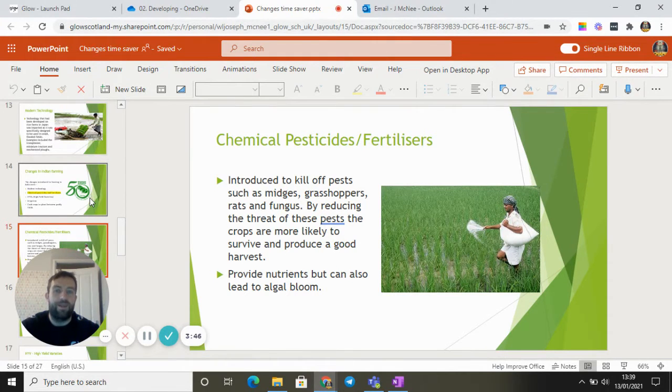So these fertilisers would be used to replace the nutrients, but the downside is it led to algae developing on the flooded fields. Pesticides were used to get rid of pests such as midges and flies and rats that would eat the crop, and fertilisers would improve the condition of the soil but also led to algae bloom on the water.